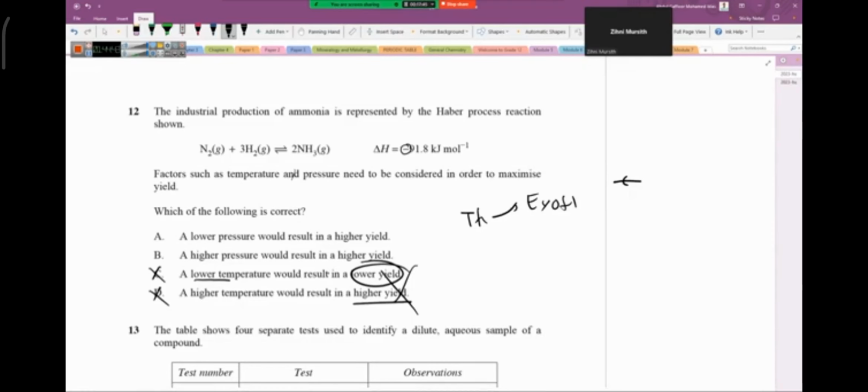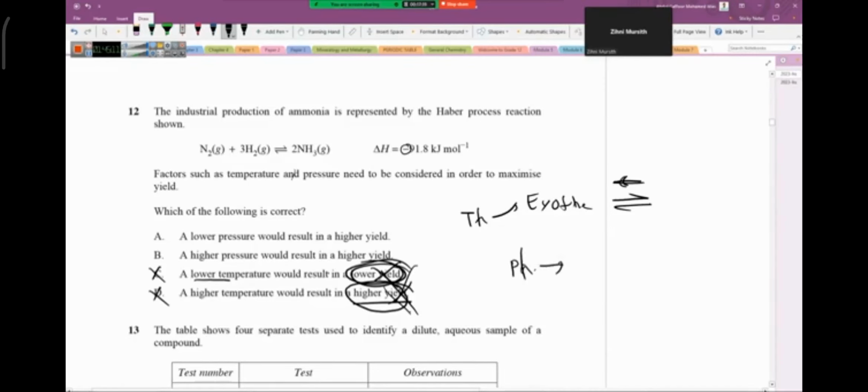So if it is exothermic, what will happen to the equilibrium? It will shift backward. So if you lower the temperature, we will obtain more yield. So this is wrong. And if you increase the temperature, the yield will be lower. So this is also wrong. Now we will look at A and B. If you increase the pressure, what will happen?